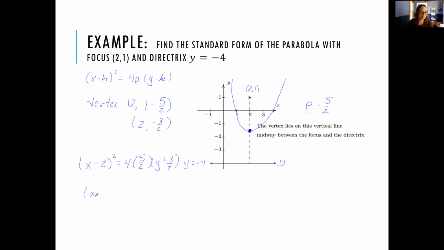So this is x minus 2 squared equals 10 times y plus 3/2. And there we have the standard form of the equation for this parabola, the parabola that has a focus at the point 2, 1 and a directrix at the line y equals negative 4.